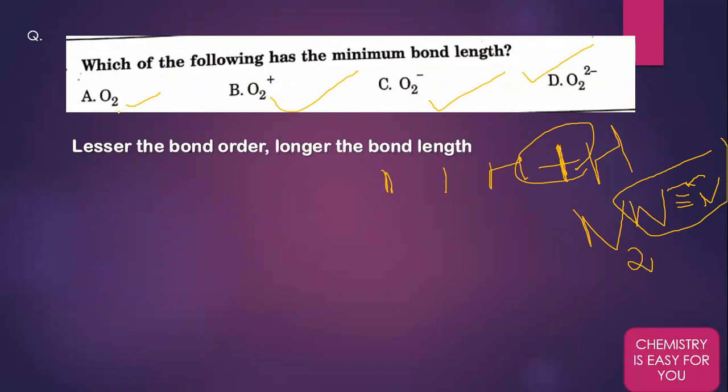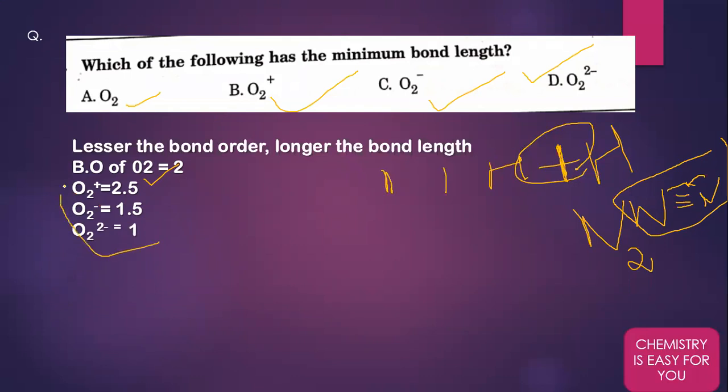I have already done a video on shortcuts in inorganic chemistry, where I have covered the shortcut to find the bond order. I have used the same methodology here and found the bond order of each of these. The bond order of O2 is 2, of O2 plus is 2.5, of O2 minus is 1.5, and of O2 2 minus is 1.